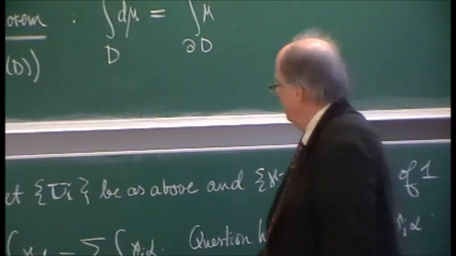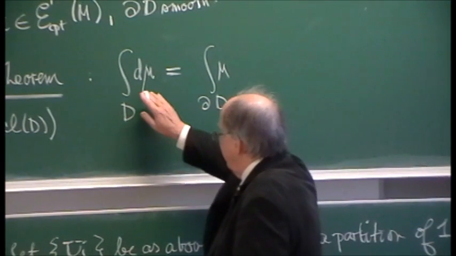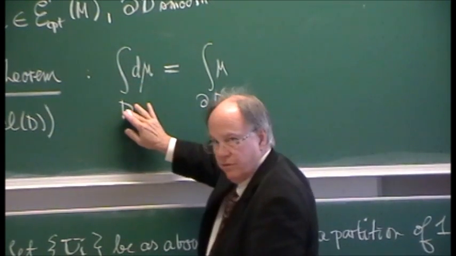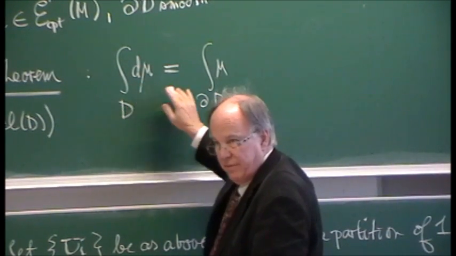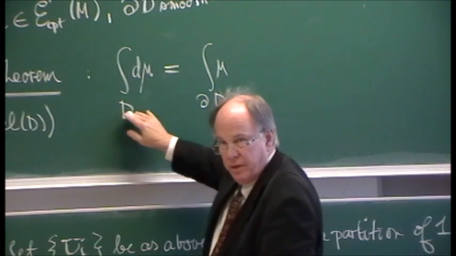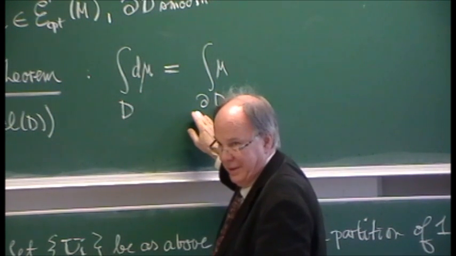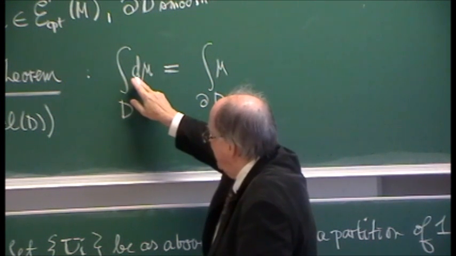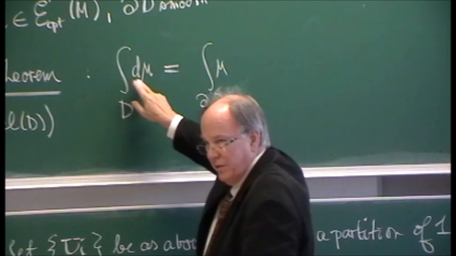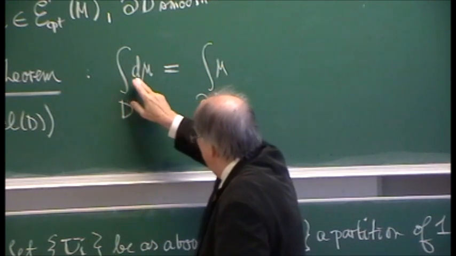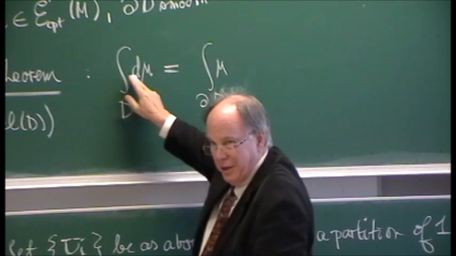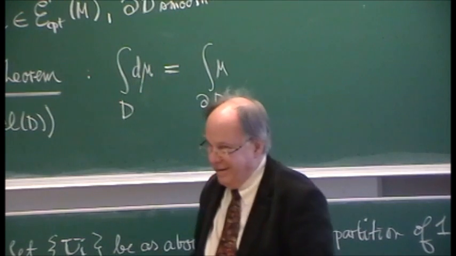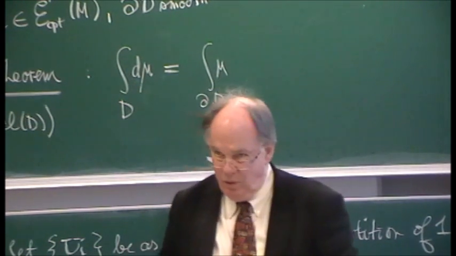This is a statement. We're discussing integrating a form which is exact over D is the same as a boundary integral. You push the integral to the boundary. It's a very, very powerful tool. You see, and there's the mathematicians, this is probably physics influence. You see, this d and this d are related. You have to think about what that means.